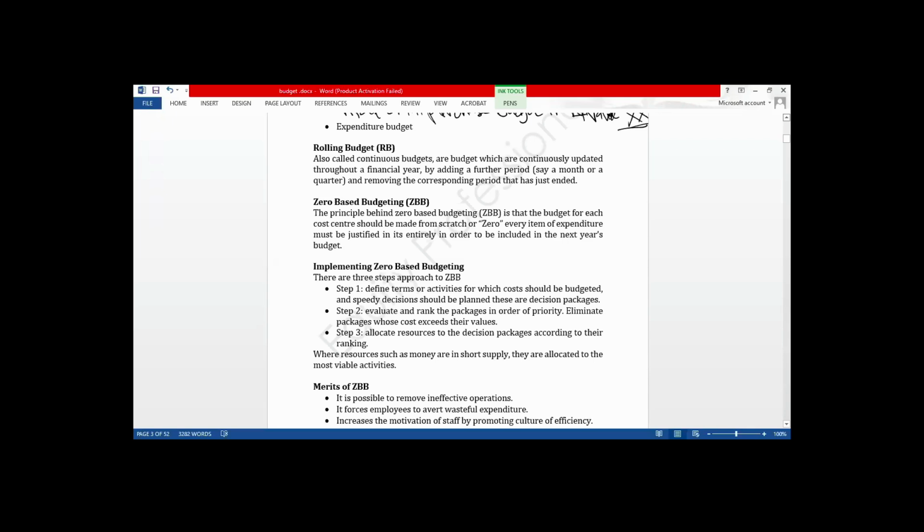So we are going to prepare the first budget for January, February, March. When we have finished January, we are going to delete January budget. We are now going to add February budget. That is called rolling budget. That means at every point in time, we must have 3-month budgets.